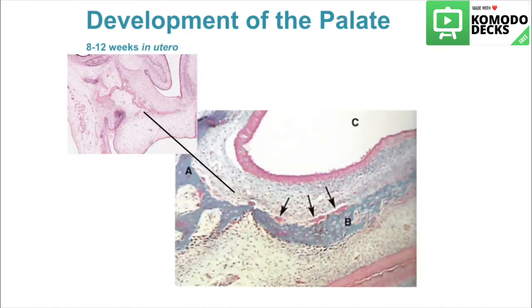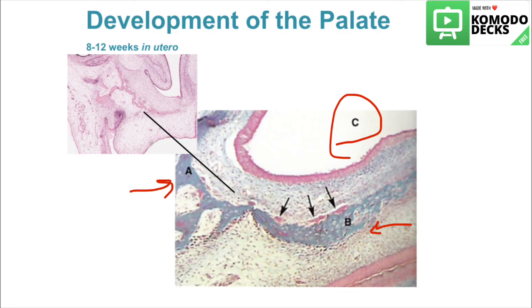As you see here, this is a coronal section through the developing hard palate, showing signs of early ossification. Here, A is the developing body of the maxilla, B is the bone extending from the body of the maxilla into the palate, C is the nasal cavity.